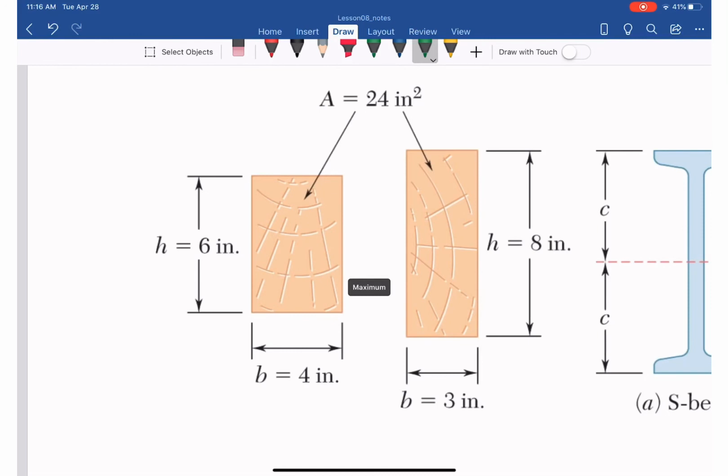So when you design the beam, even with the same material, same economics, because of the same cross-sectional area, it means that you buy the same volume. But if you design something like on the right side, then it can carry more load compared to the left side if you design for the beam.